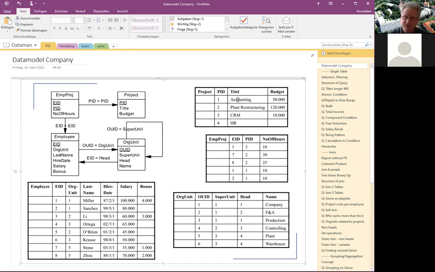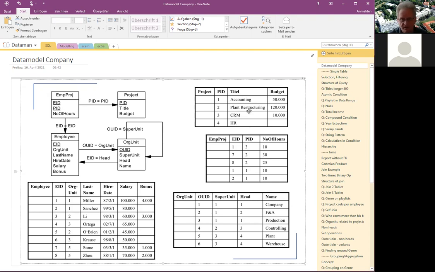For example, to restructure accounting or restructure a plant, or for example, implement a new accounting software, or introducing a customer relationship management system, or do some kind of HR activities in order to have better processes there. It could be everything.